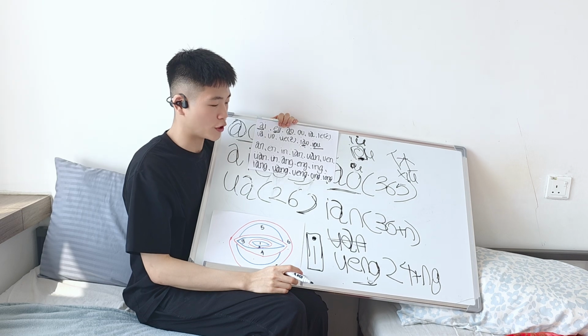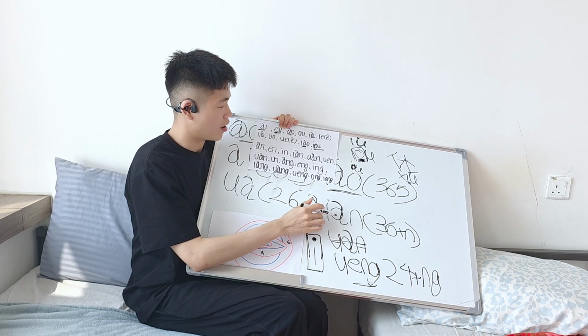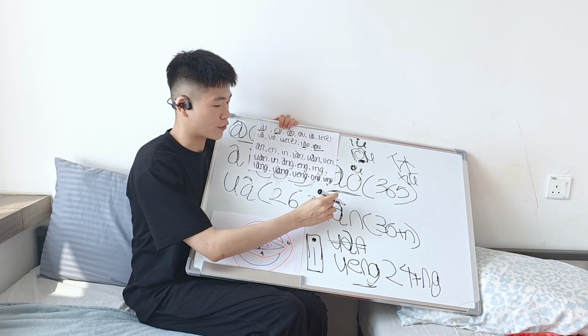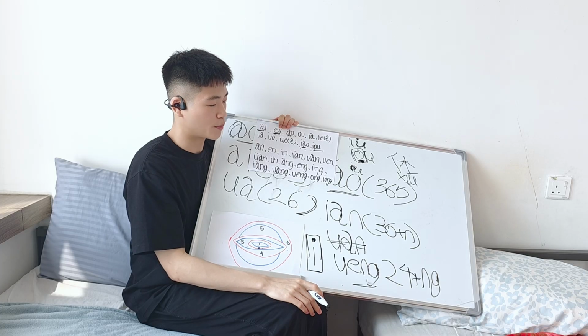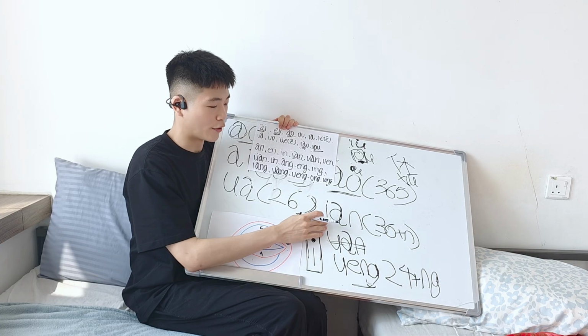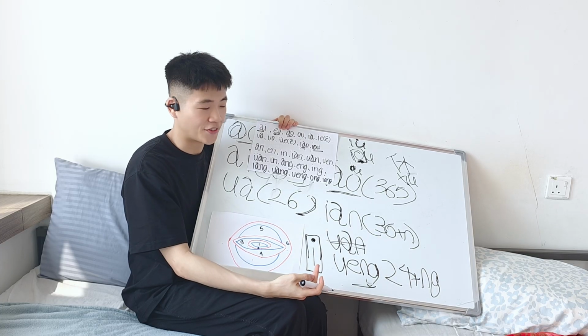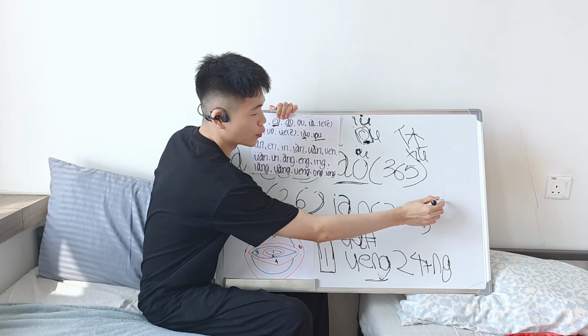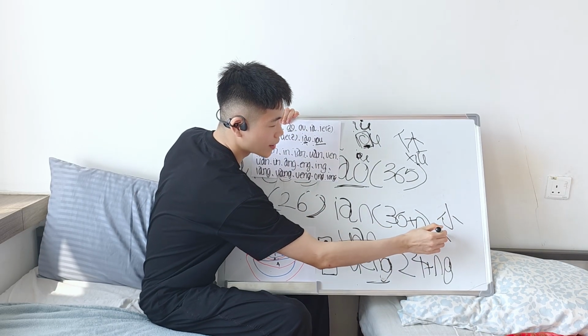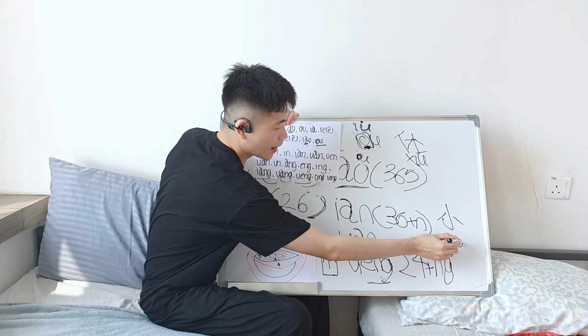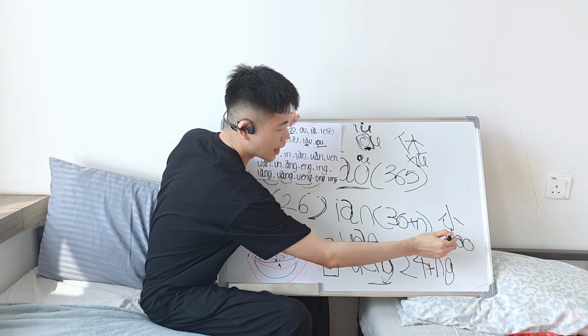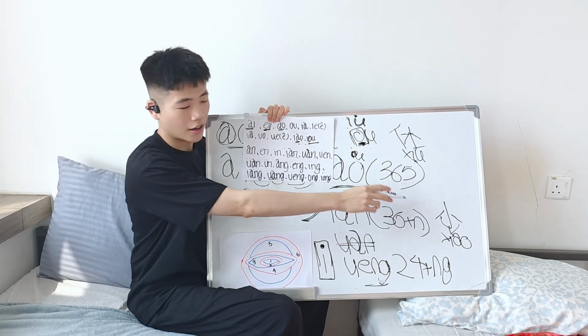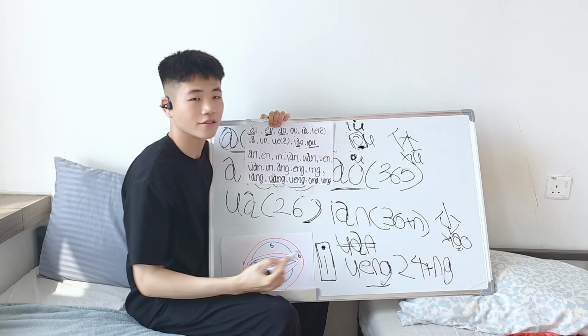Another thing, how do you know which one is the prominent sound? Most prominent sounds are marked with the tone. That's why we always put the tone on the one with the largest mouth opening, right? For example, the word 小, X-I-A-O, 小. The third tone is on the A sound.